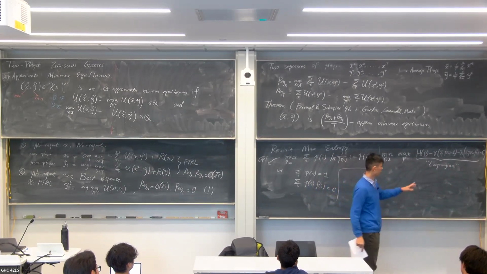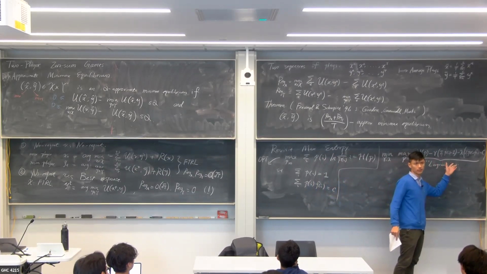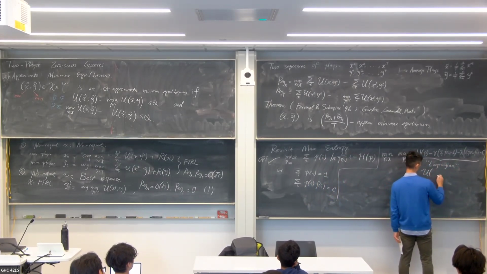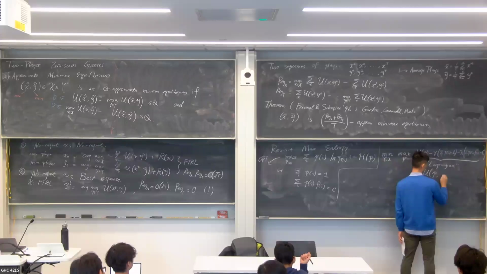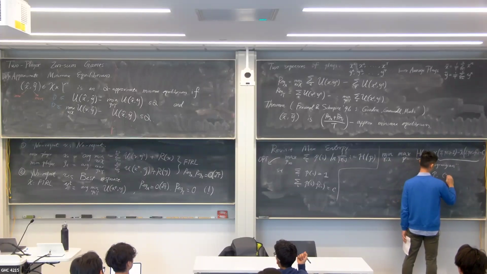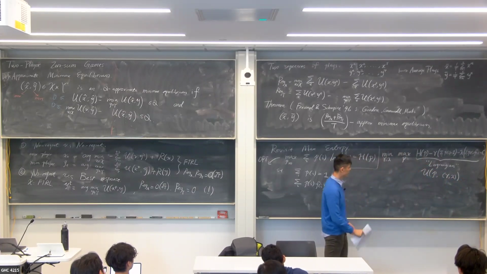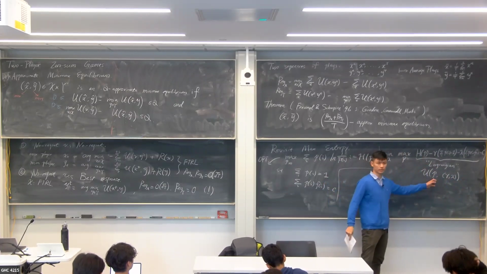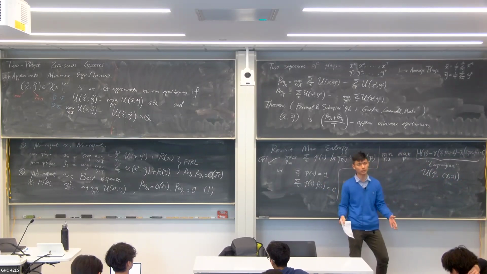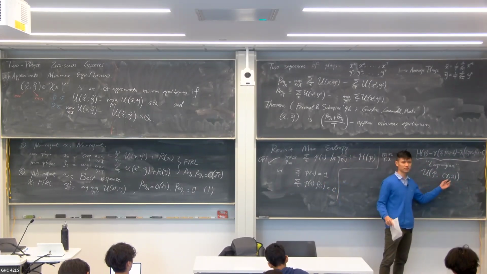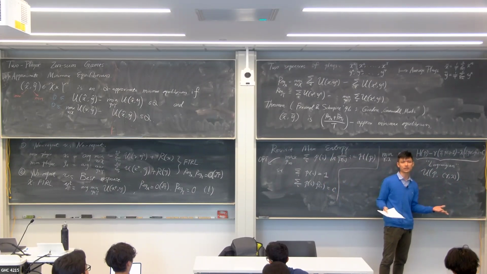And this defines a game. The Lagrangian defines a game. The game is played between a player who gets to choose the probability distribution over some set of outcomes, and the dual player, so to speak.